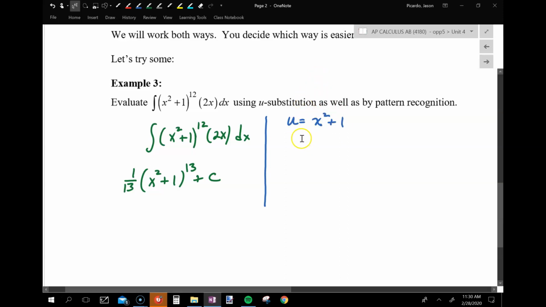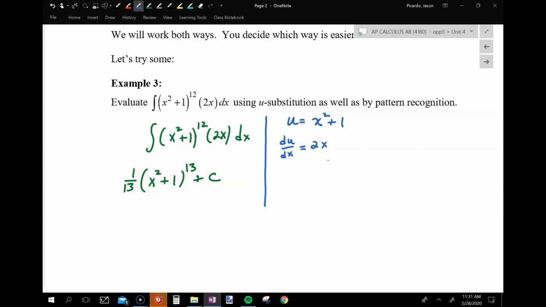Something. Now, it's really, really nice that it's 2x, right? But I definitely know it's something to the x, to the first power, right? So I'm really feeling good about making this my U. Everybody kind of comfortable why? Okay. So the derivative of U with respect to x is equal to 2x. And I'm going to leave it like that for a minute. We'll talk about y later on.